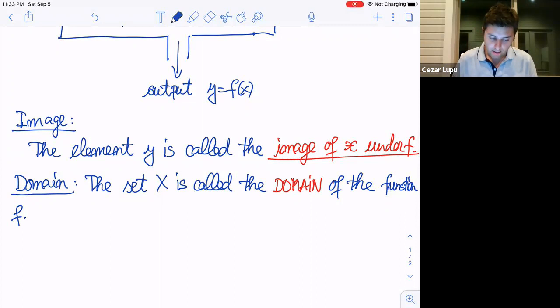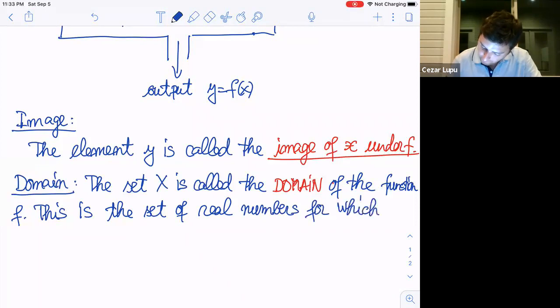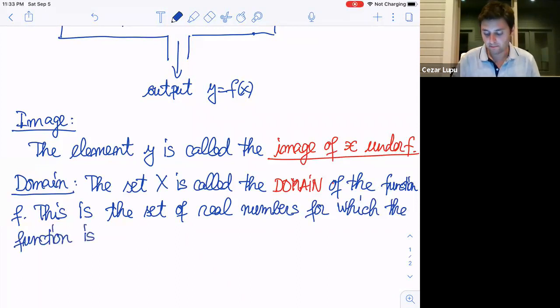And we would like to say a few words about this. This is the set of real numbers for which the function is defined. That's what the domain is.